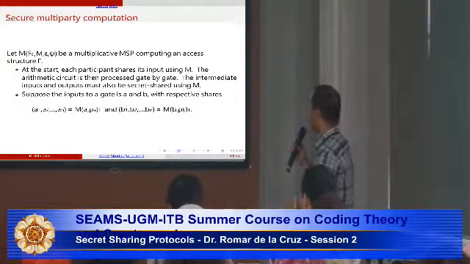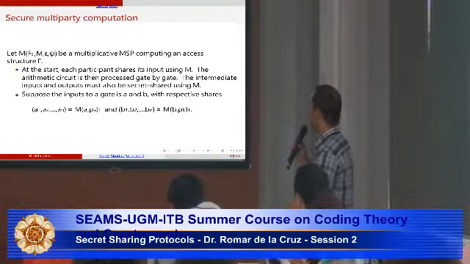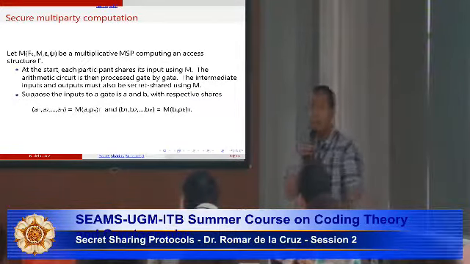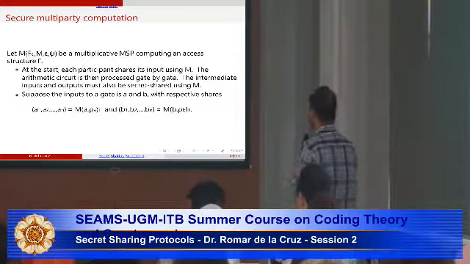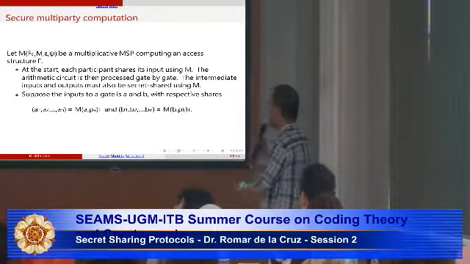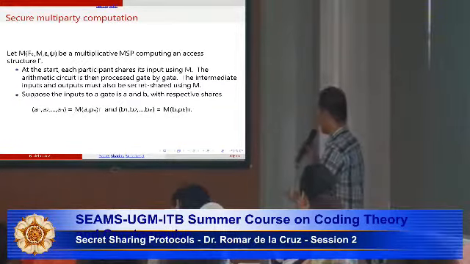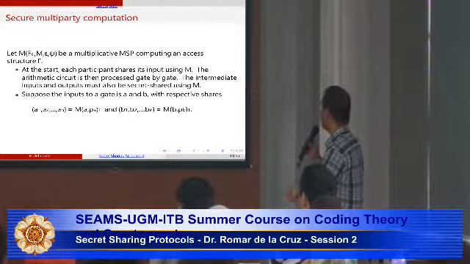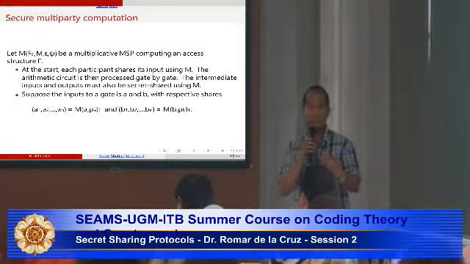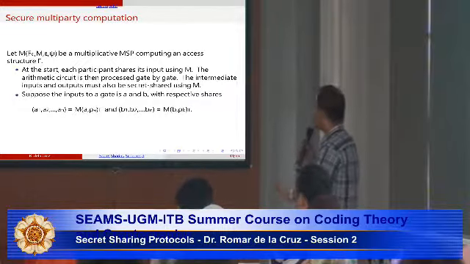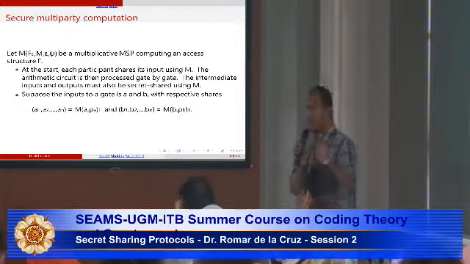Suppose you have a linear secret sharing scheme that is multiplicative. Actually, we don't need the multiplicative property for addition, because we only need the linearity of the scheme. If the scheme is linear, it can provide secure addition.